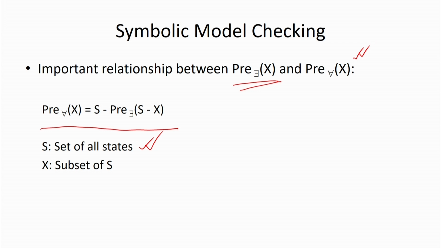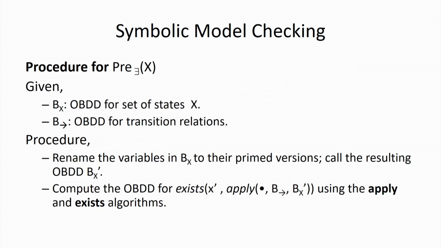Now, we are going to see how to have a method for pre-exist x. This is a simple method; let us see the procedure for pre-exist x. We have the set of states x, which is a subset of the given set S, and we have a transition relation.